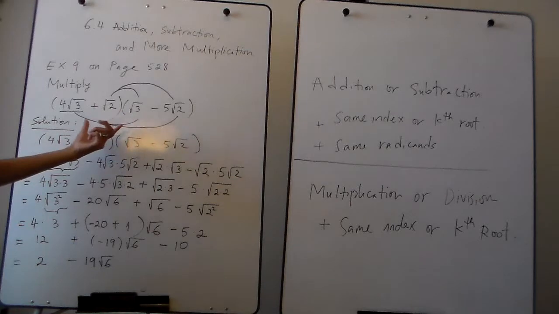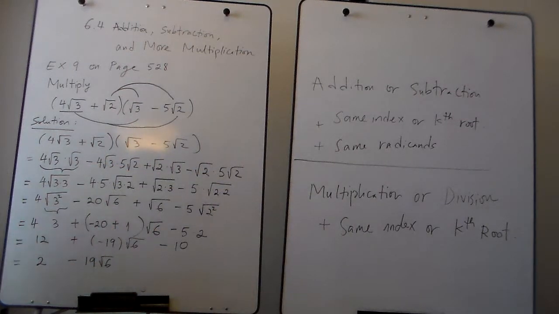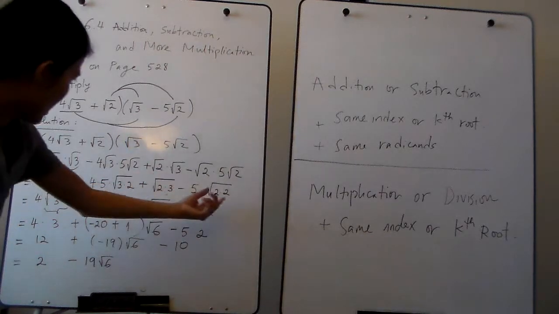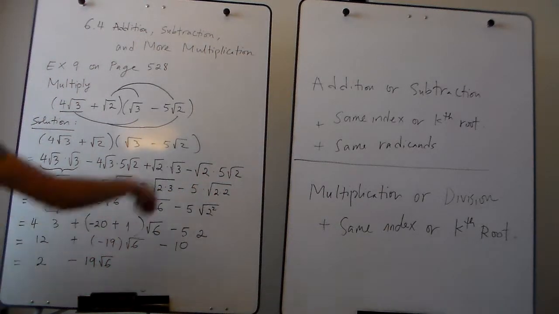So we're given these two factors, and each factor has two terms. Basically, we FOIL out, we get 4 terms. 1, 2, 3, 4. And then we're using the multiplication rule for radicals with the same index. So we simplify, combine each radical since they have the same index when we multiply them.